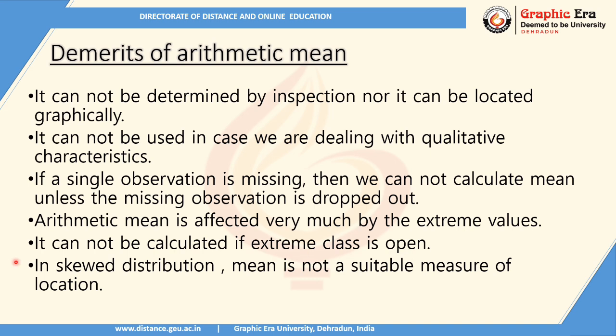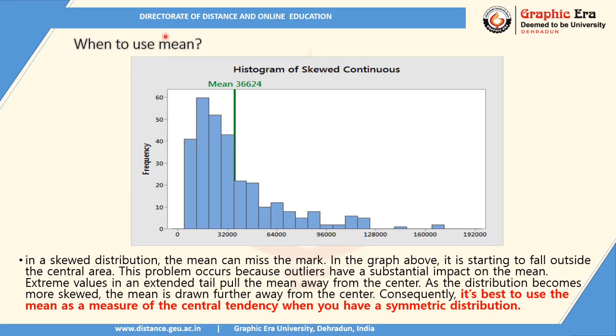In skewed distribution, mean is not a suitable measure of location. If data is skewed, then we cannot locate the exact value by the mean. When to use mean?